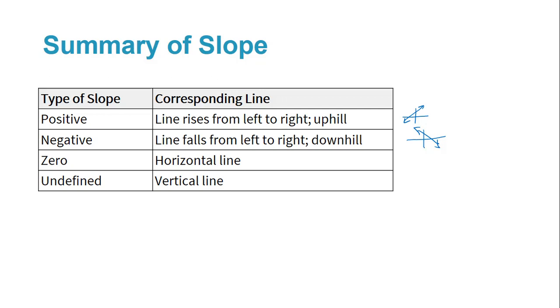And a slope of 0 is a horizontal line. And an undefined slope is a vertical line. Think about UV, undefined vertical, 0 horizontal, right? However you need to think about the 0 for horizontal.